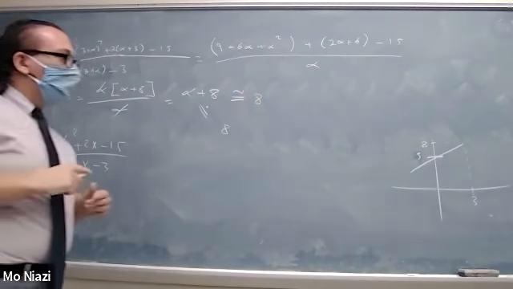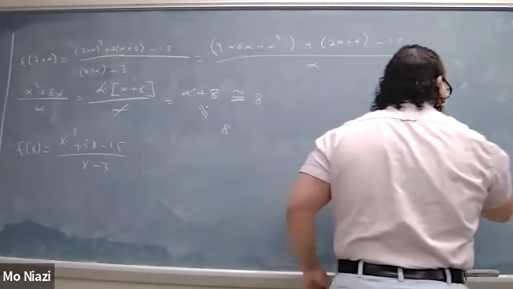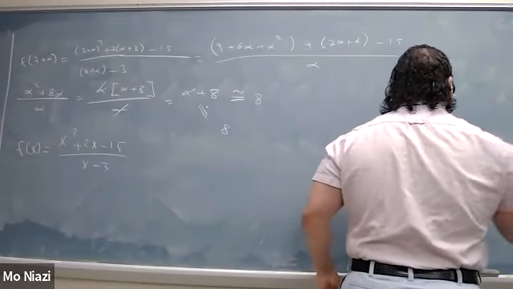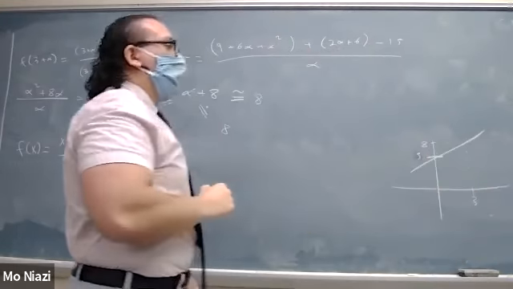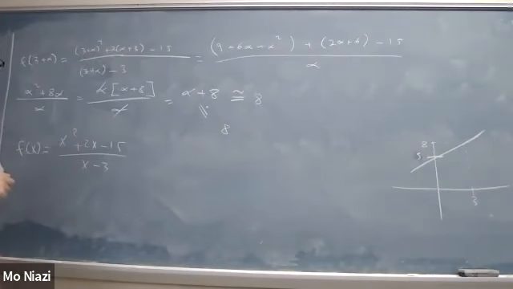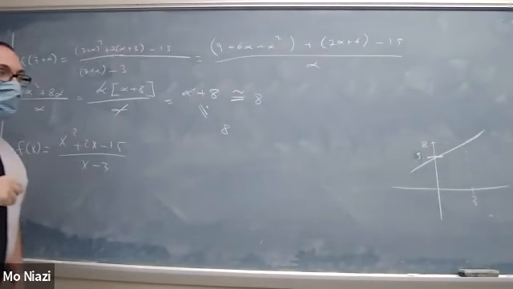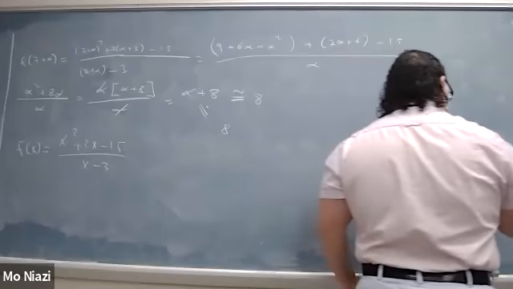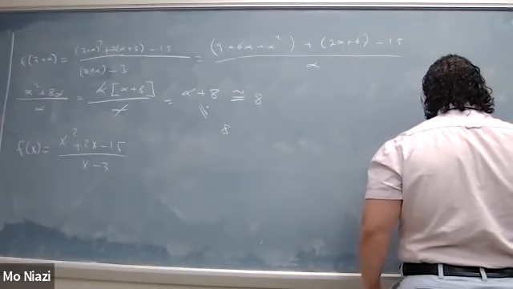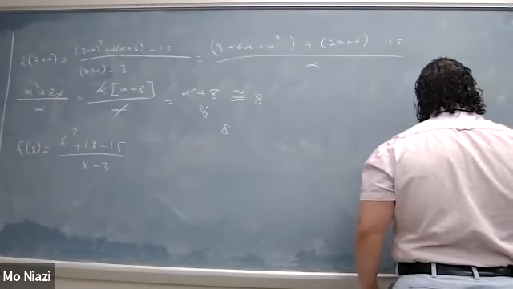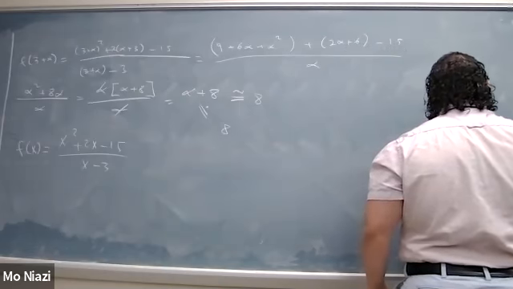Okay. So that's why this is happening. It seems like the function isn't defined at 8, but it is defined a little bit to the left, infinitely to the left, and infinitely to the right, but not at 8.